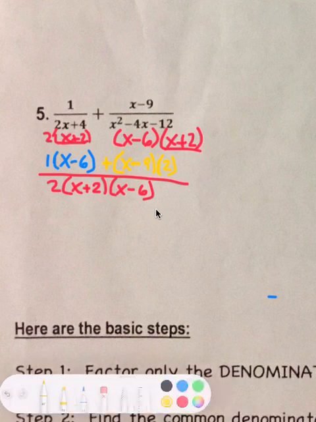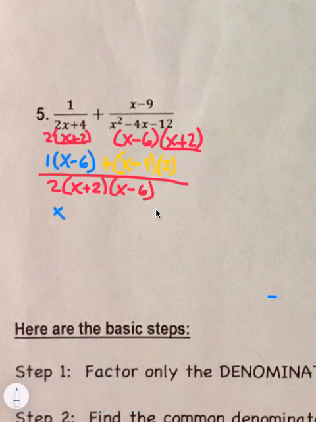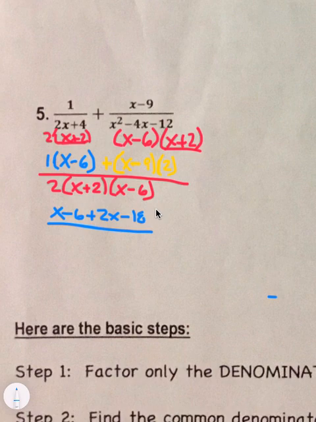So when we do that, this just becomes x minus 6 plus 2x minus 18 all over the same thing again. 2 times x plus 2 times x minus 6.